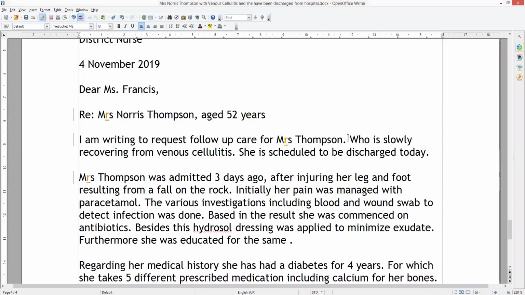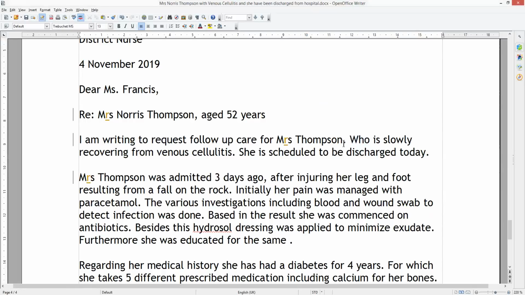I'm writing to request a follow-up care from Miss Thompson. Why do we have three sentences here? We wouldn't really begin a sentence with who, unless it's a question.